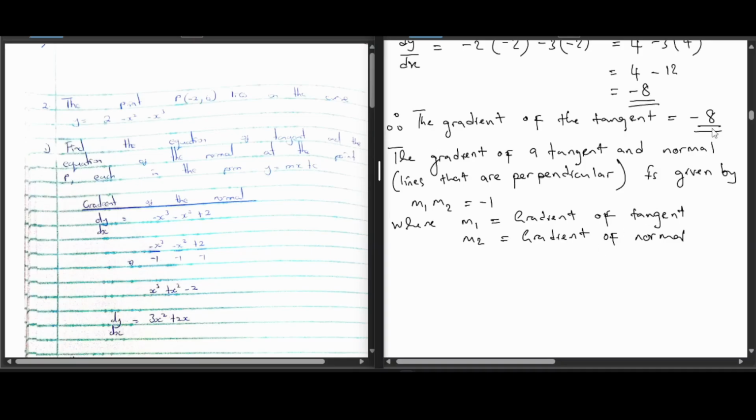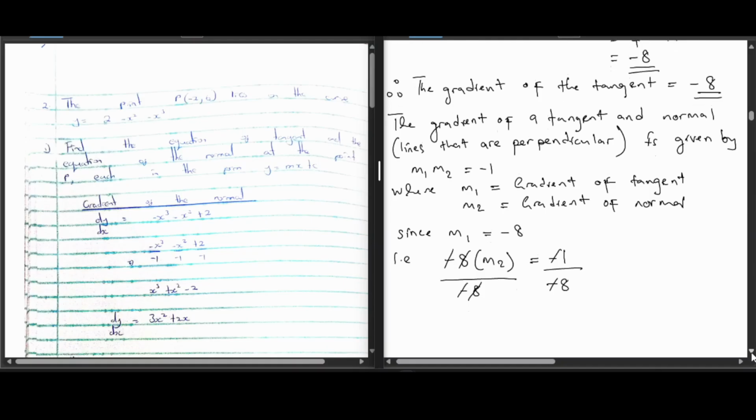So here, since m1 is equal to minus 8, that is minus 8 times m2 should give us minus 1. Divide both sides by minus 8 to be left with m2. The 8s cancel here, then the same happens here.